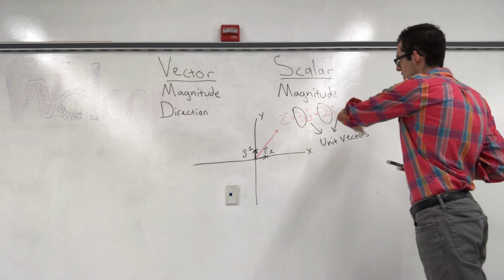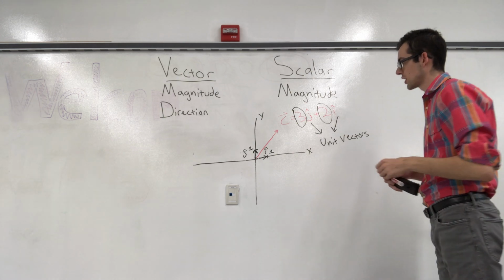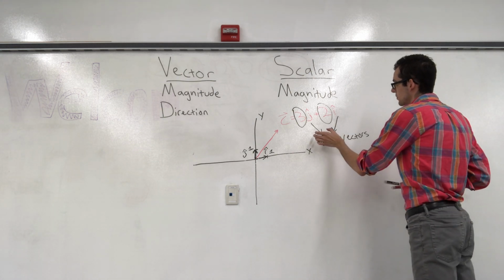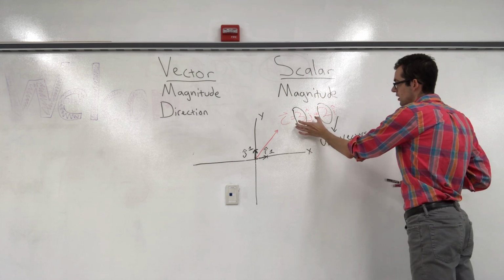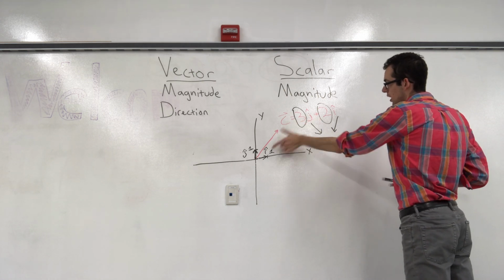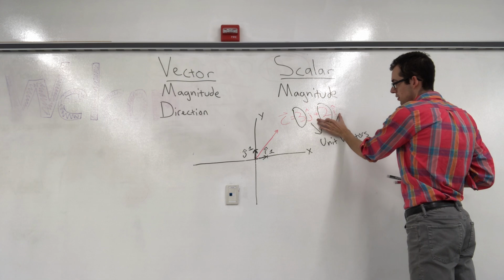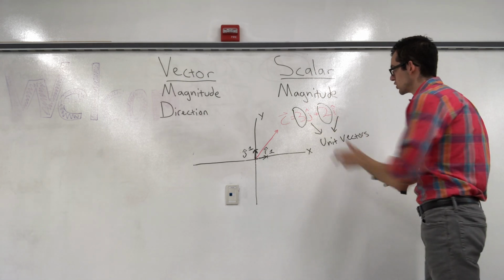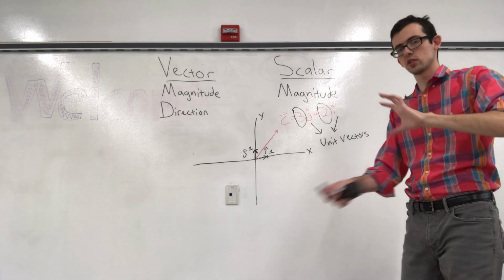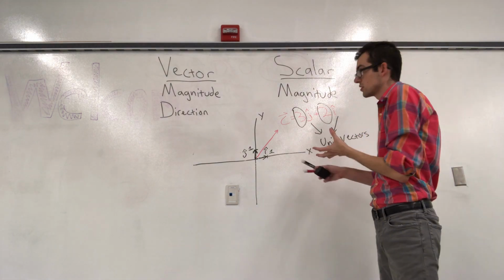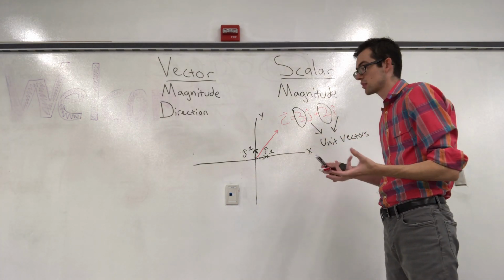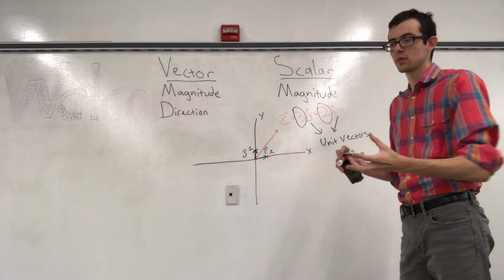So no matter what vector you have, you can always break it apart into what are called components. This would be our Y component in the Y direction. This would be our X component in the X direction. So J hat and I hat help us symbolize how big this vector is in the X direction and how big it is in the Y direction.